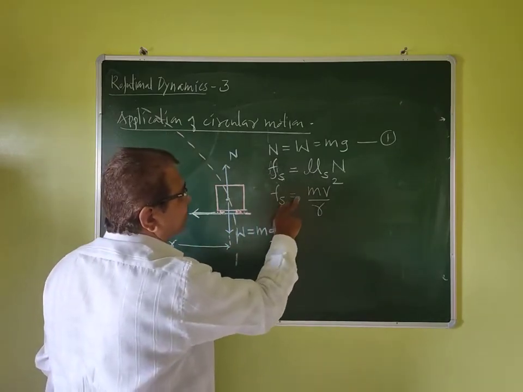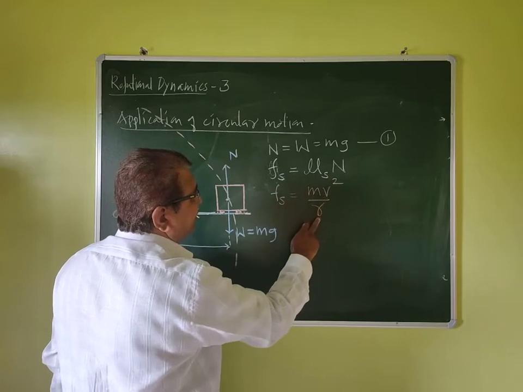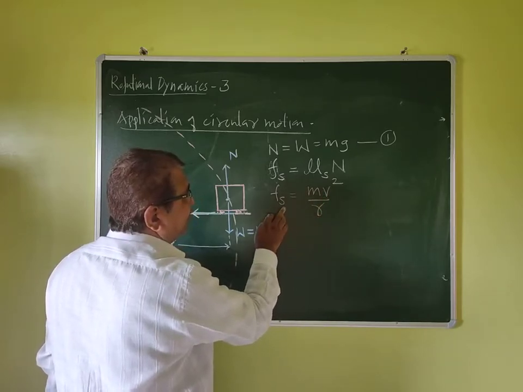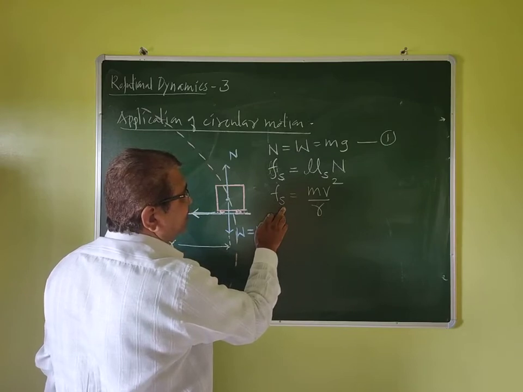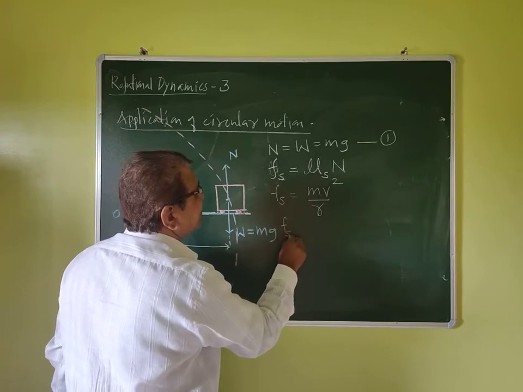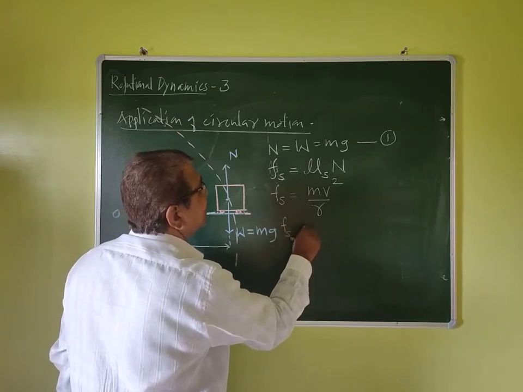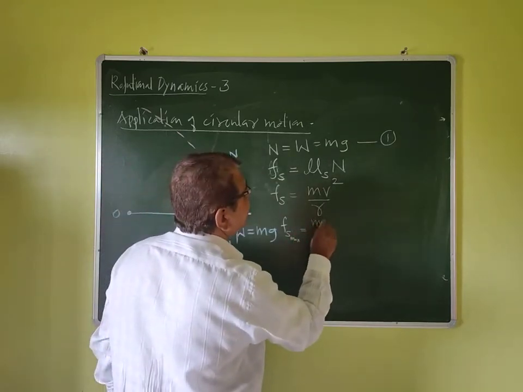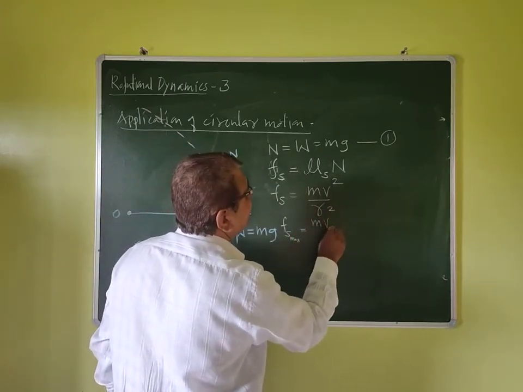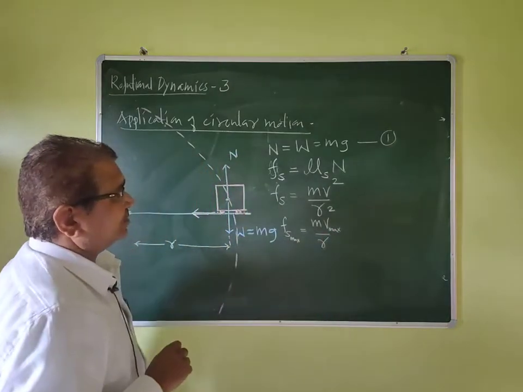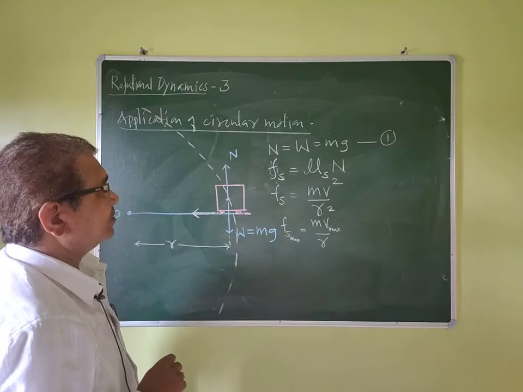So Fs is equal to mv square upon r. At the time of limiting force of friction, maximum force of friction, when Fs becomes maximum, then we can drive our car at the maximum possible velocity, which we write here as mv square max upon r.